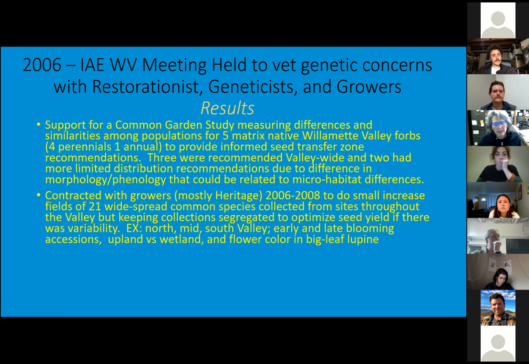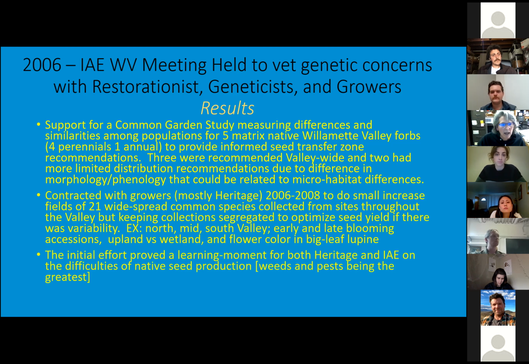In big leaf lupine, if any of you are familiar, it has every color of the rainbow out there, so they kept the deeper blue ones separate from the whiter ones. It was a learning moment. I was just starting in the baby stages of seed production, so I didn't do very well with these, but we learned a lot. And mostly I got my comeuppance, because I'm a lumper, not a splitter.